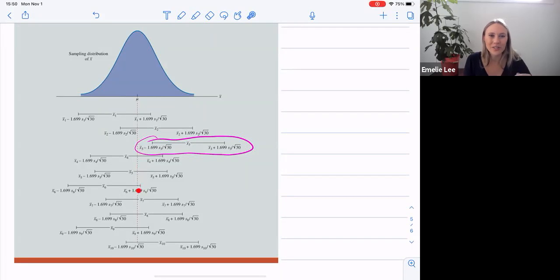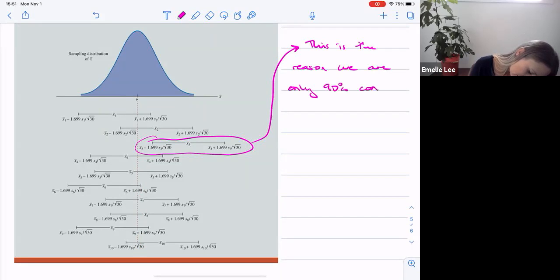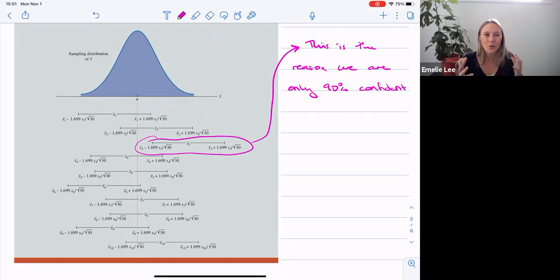All the other intervals capture that population mean, even though we don't know what it is, right? This is the reason we are only 90% confident, because we don't know how close our sample mean is to the population mean, right? So only 90% of these intervals are going to capture the population mean.